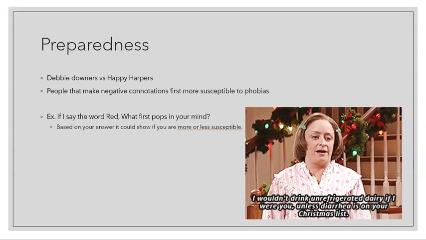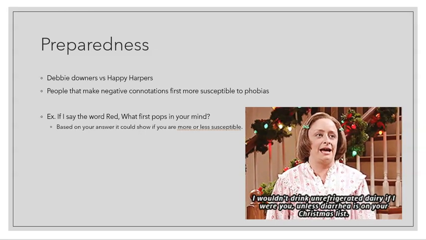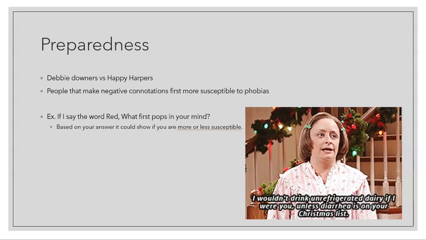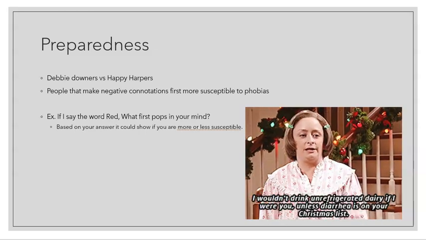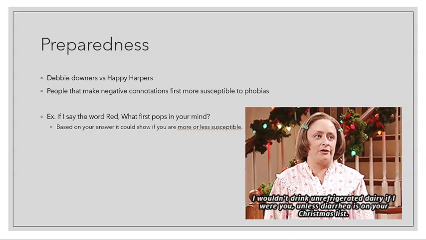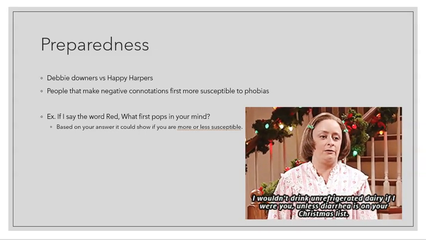And someone that always seems to make these negative connotations is actually more susceptible to developing phobias than someone that's more optimistic and makes more positive connotations with stuff.